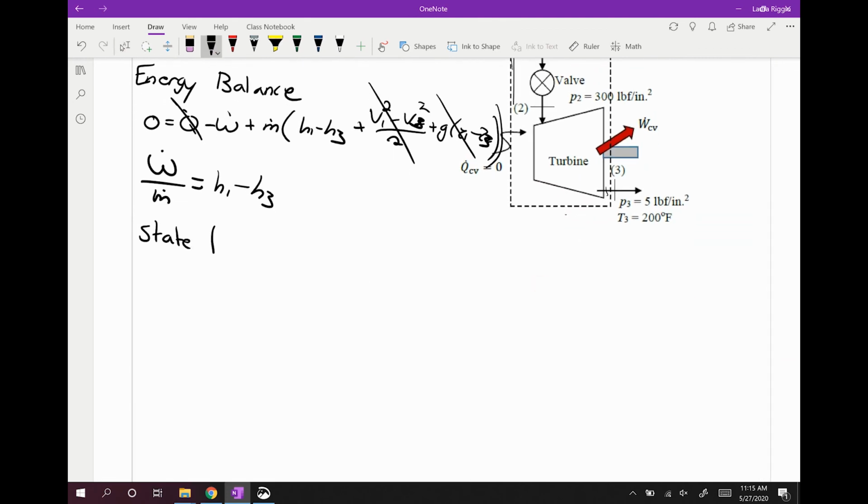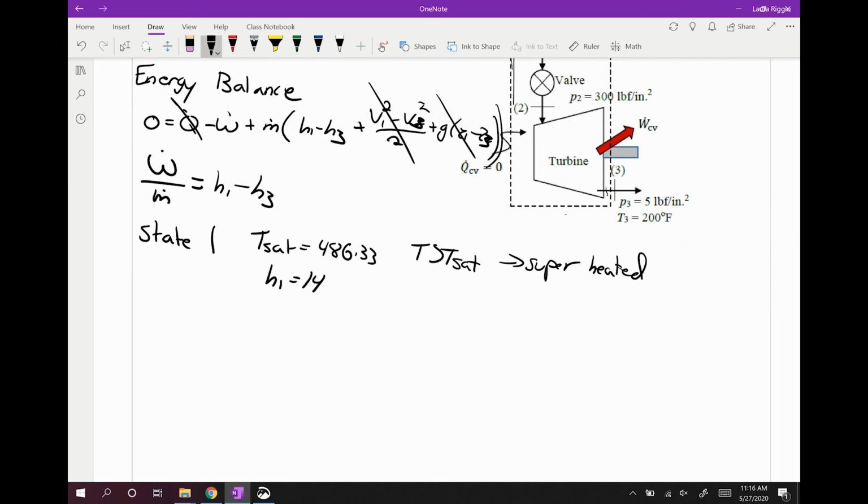For state 1, we have T sat is equal to 486.33. Our temperature is greater than our saturation temperature, so we are superheated.